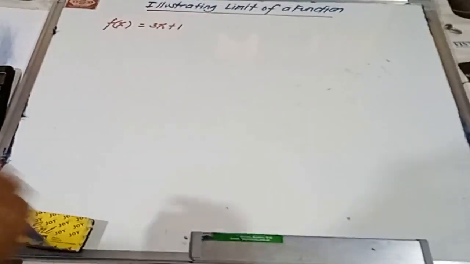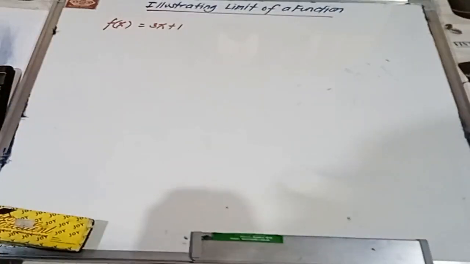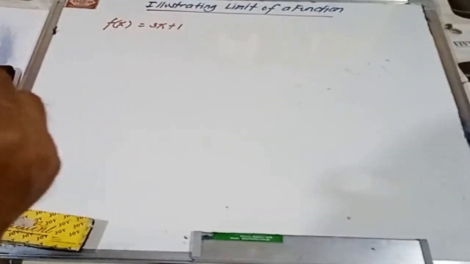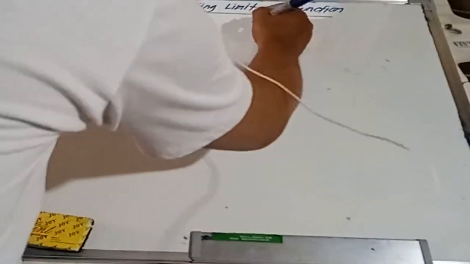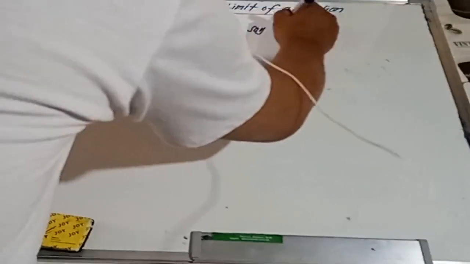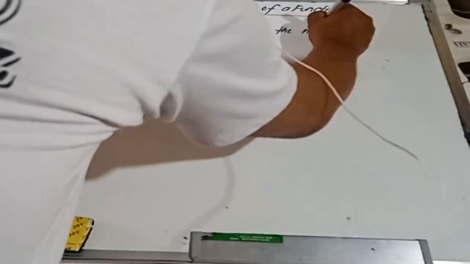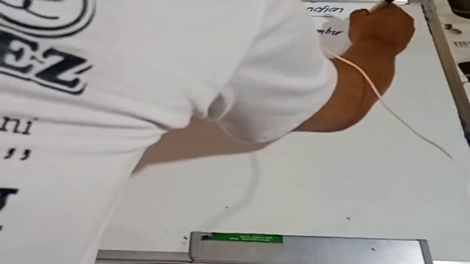Okay. Now, we're going to assign values to x, but not equal to a specific number, but approaching that number. Let's say that number is 2. Ito ang gagamitin natin.